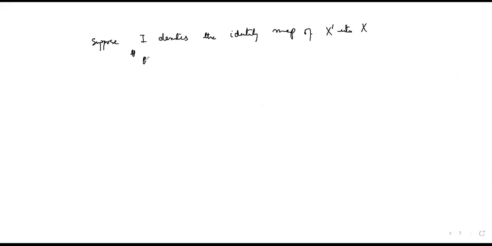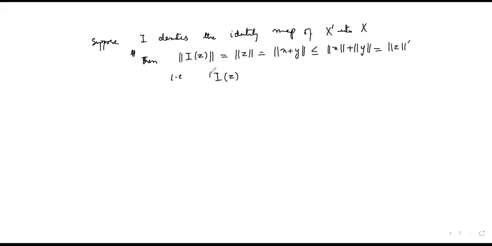Then I of z can be written as norm of z, which can be written as norm of x plus y, which is less than equal to norm of x plus norm of y, which is the same as norm of z prime. So that is, I got I of z is less than equal to norm of z prime for all z belonging to x prime.